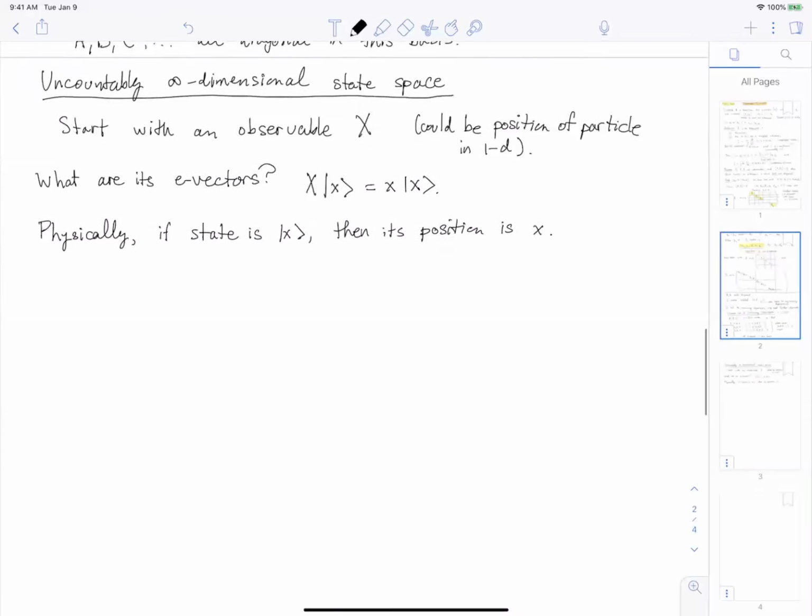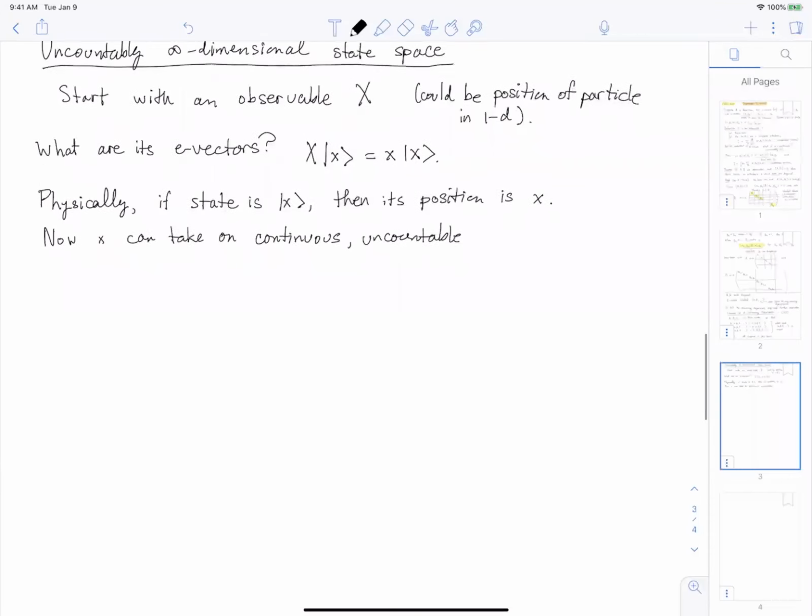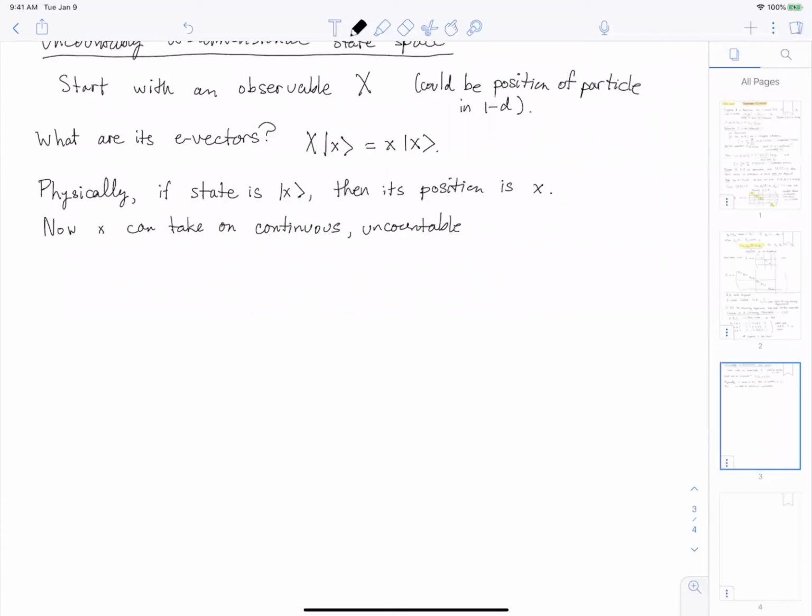The position of a particle can take on an uncountably infinite number of values. Continuous, uncountable, meaning they can't be put in one-to-one correspondence with the rational numbers or the integers, an infinity of values.